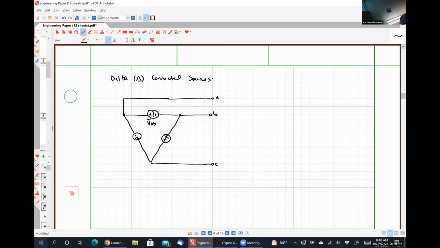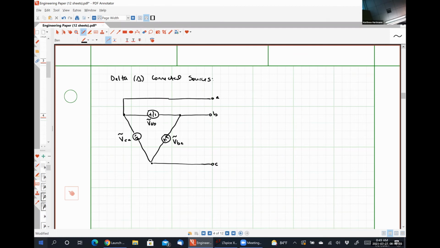We will have a voltage VBC measured between the B and C terminals of our system. And we will have a voltage VCA measured between the C and A terminals of our system.